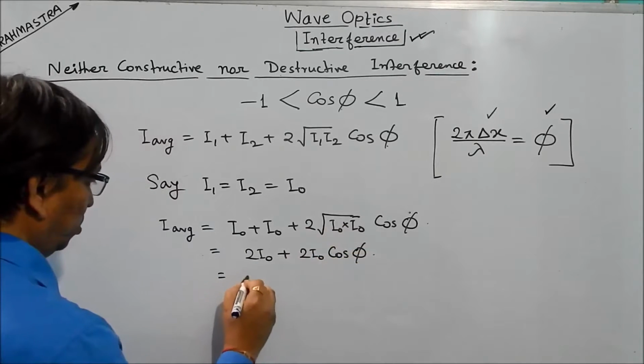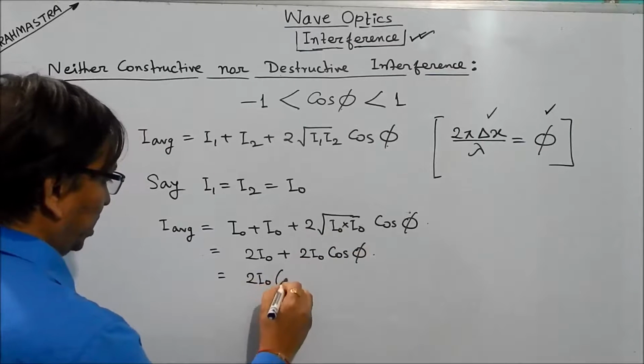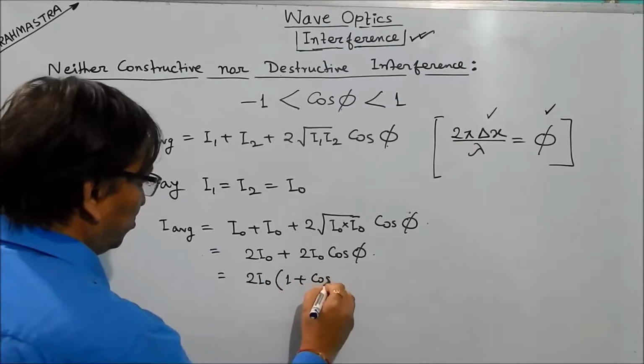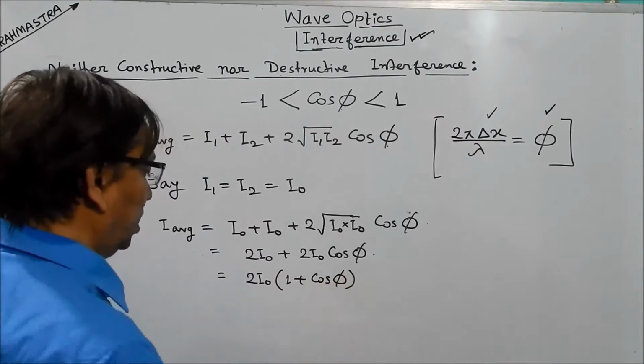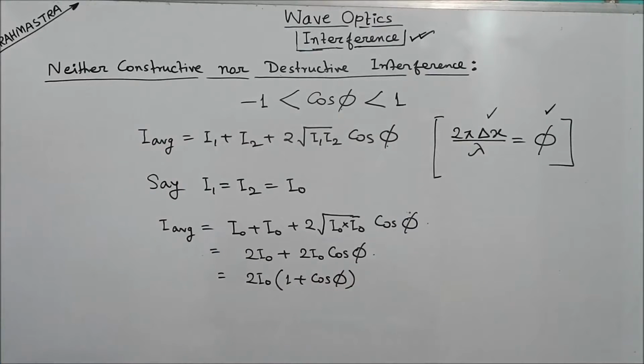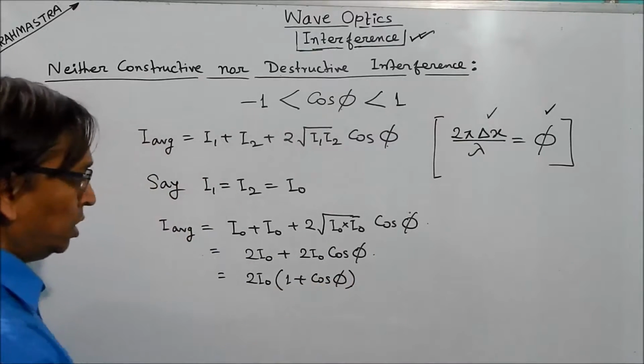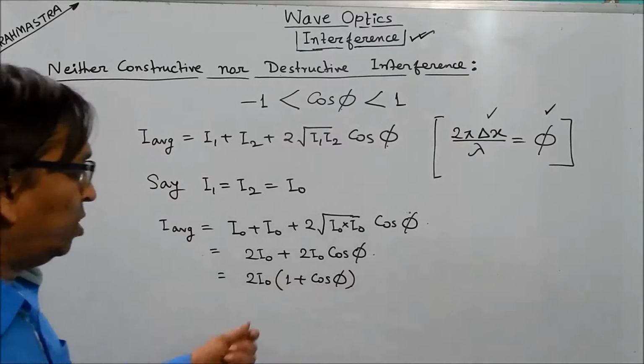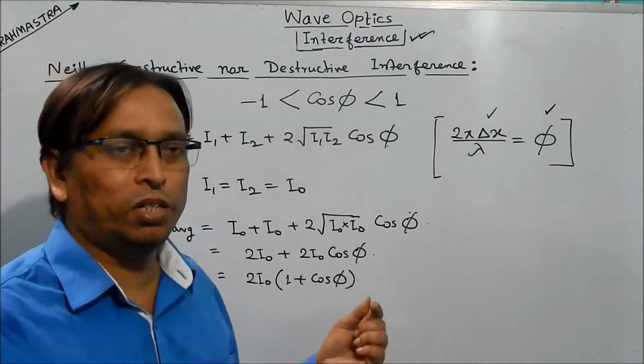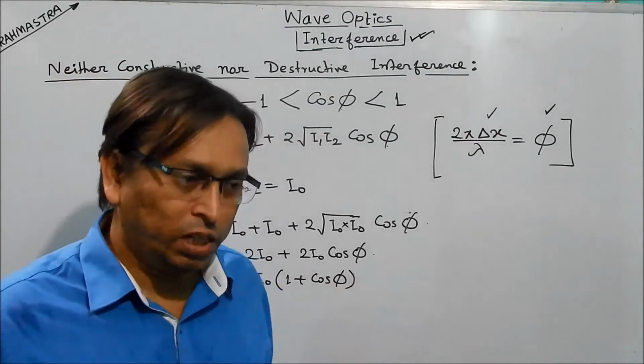If you take common 2 I0, then you get 1 plus cos phi. So 1 plus cos phi, just break it using the formula of 1 plus cos theta. So 1 plus cos theta is 2 cos square theta by 2.